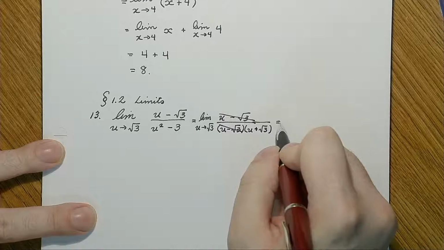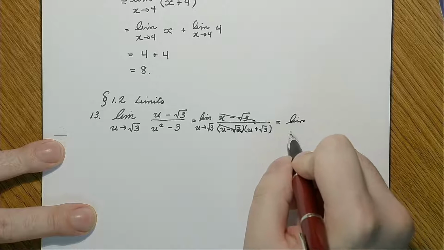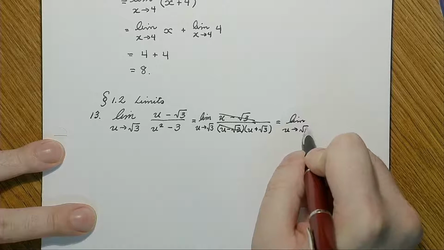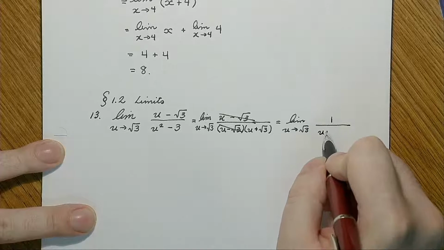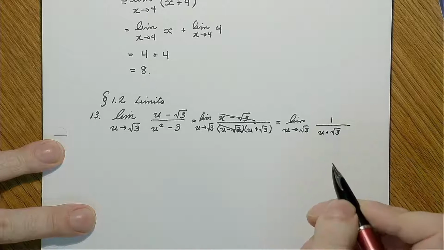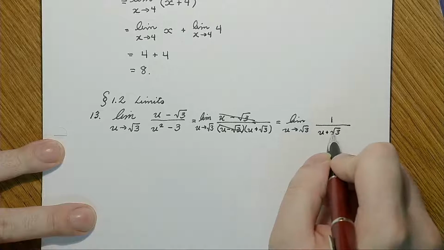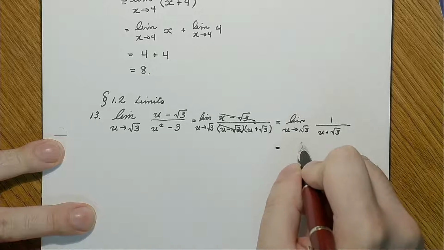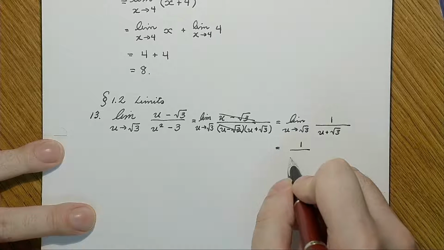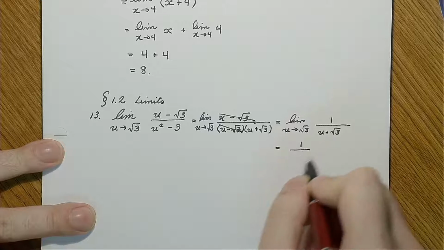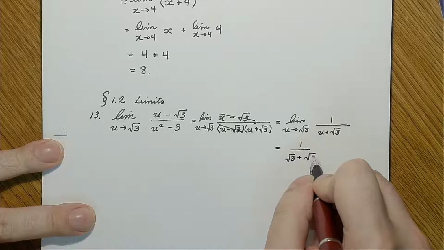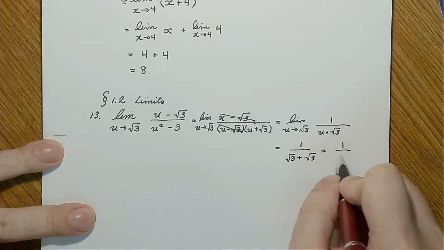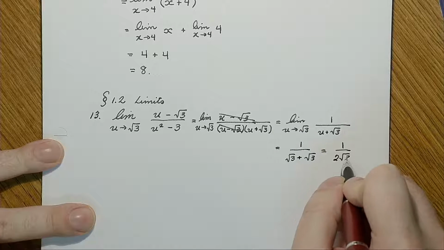So that cancels, and I'm left with 1 over u plus root 3. Then I can actually substitute that in now. I don't have any issues of it being 0. So I have root 3 plus root 3, or 1 over 2 root 3.